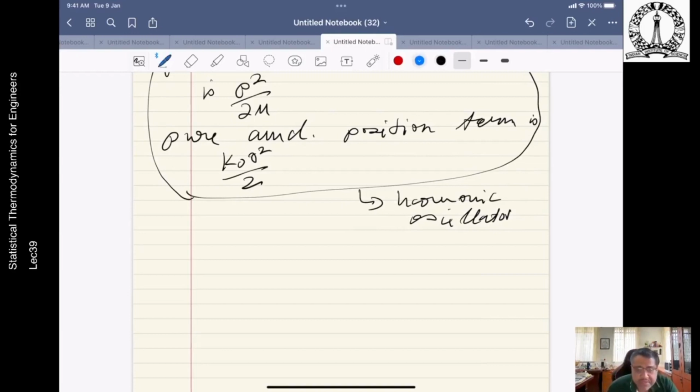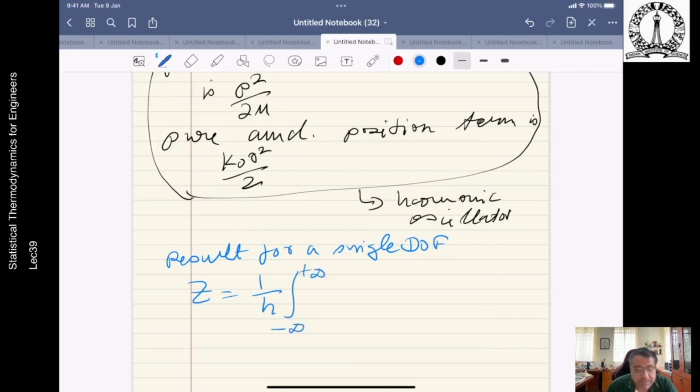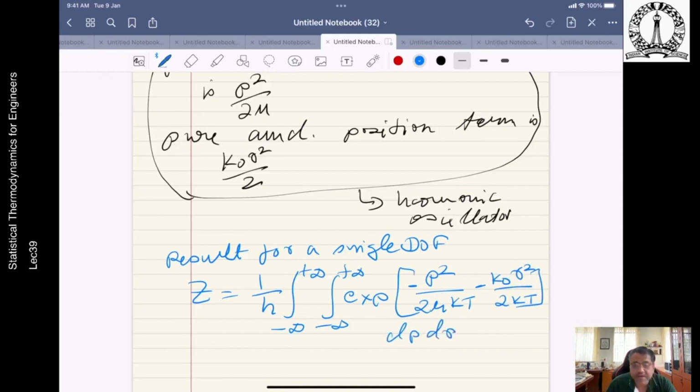And I'm just going to write the result for a single degree of freedom: z is equal to 1 over h, integral from minus infinity to plus infinity, of exponential minus p squared by 2 mu kT, times exponential minus k naught r squared by 2kT, also equal to 1 over h times square root of 2 pi mu kT, multiplied by square root of 2 pi kT by k naught.